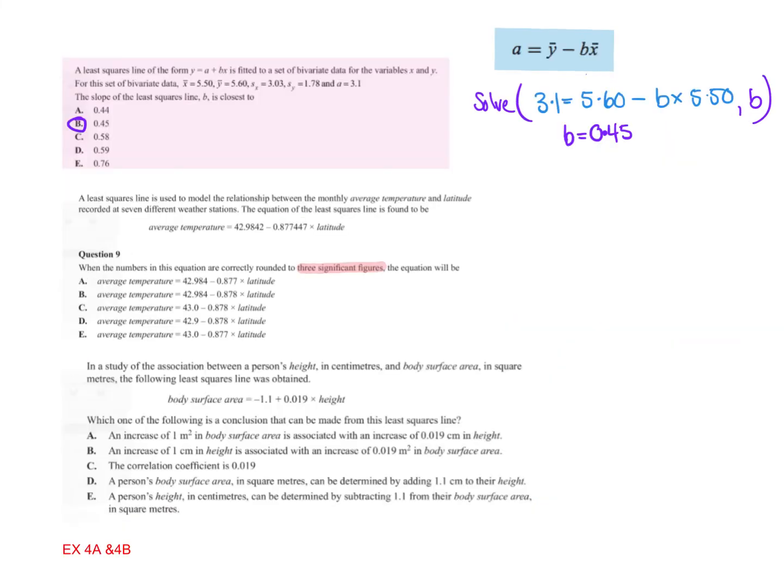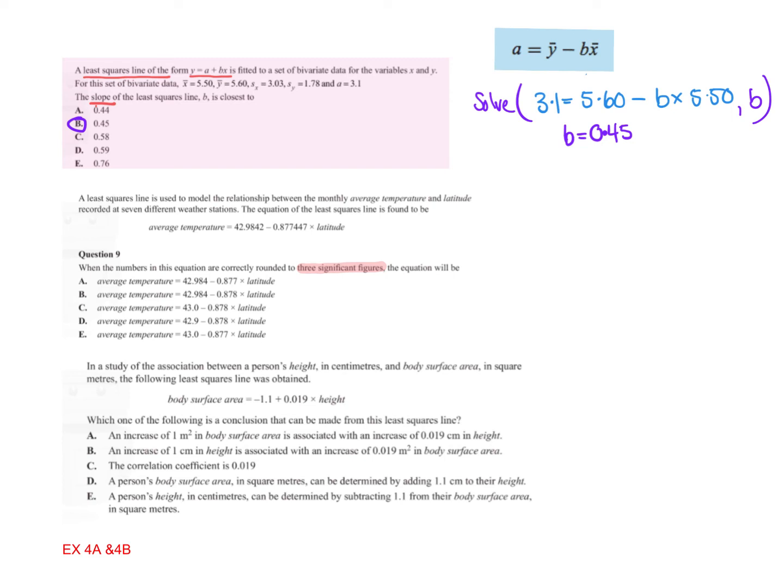Okay, so the least squares line is just a way of them saying that Y equals A plus BX is fitted to a set of bivariate data, the X and Y, and they gave you all the details. They've said the slope of the least squares line is, so you need to find the slope.